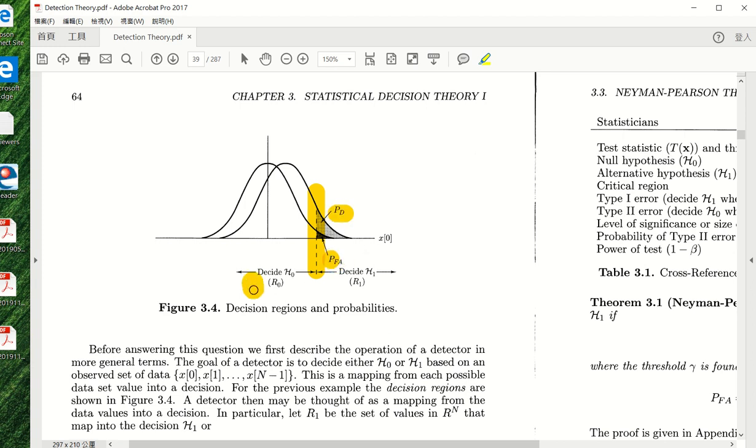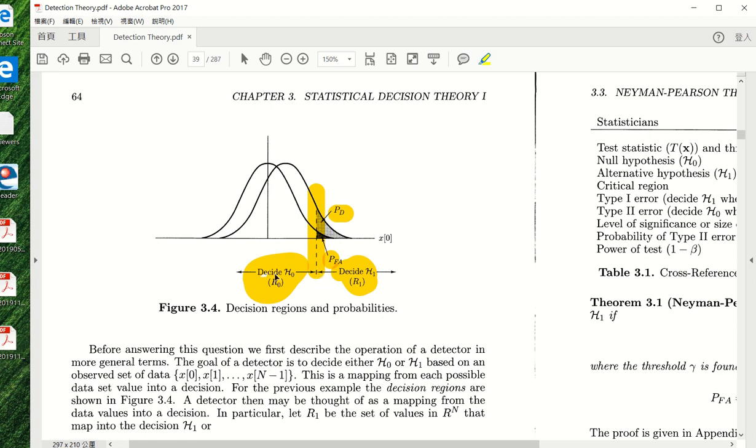Then decision region. This is also very important because in the engineering problem, this is what you want to have, right? You would like a decision region that, when people give you a sample, let's say -1, lets you make a decision based on that sample. So you need a decision region.